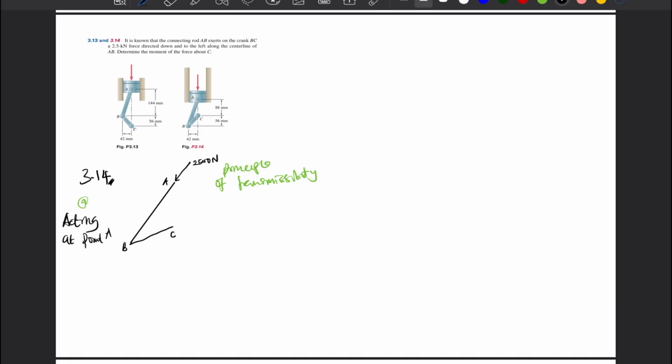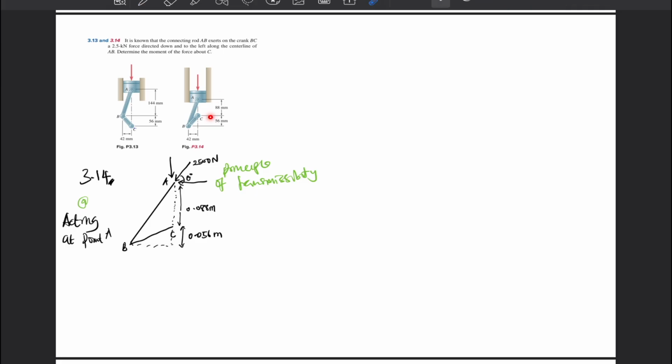So we are going to draw our vertical and horizontal components. Then we are going to look for our theta here. We're also going to draw the distance between these points, 0.088 meters, 0.056 meter.